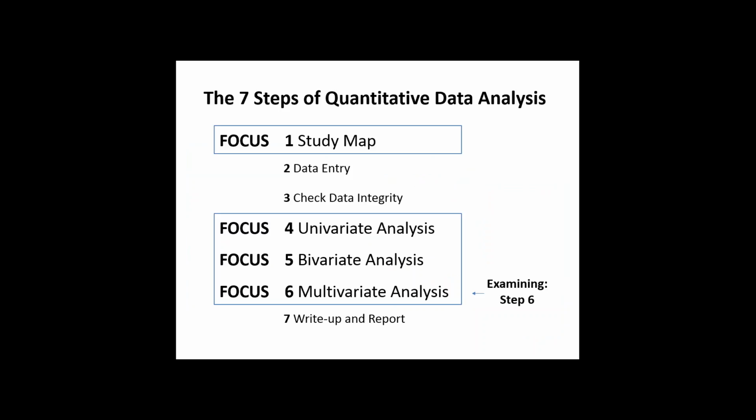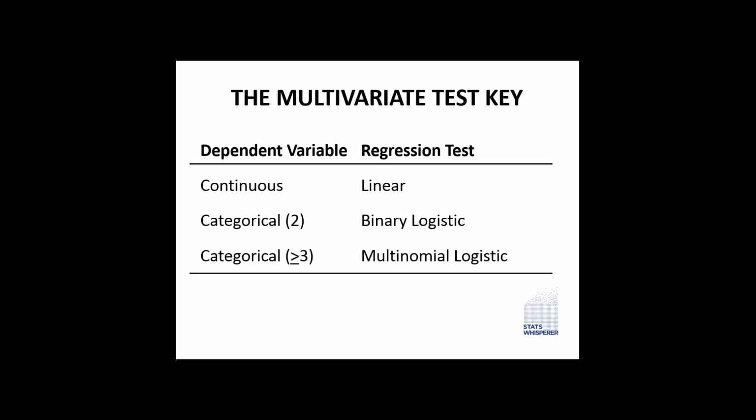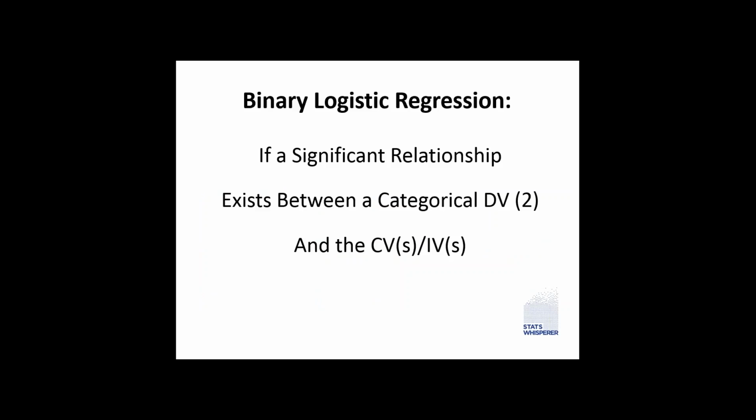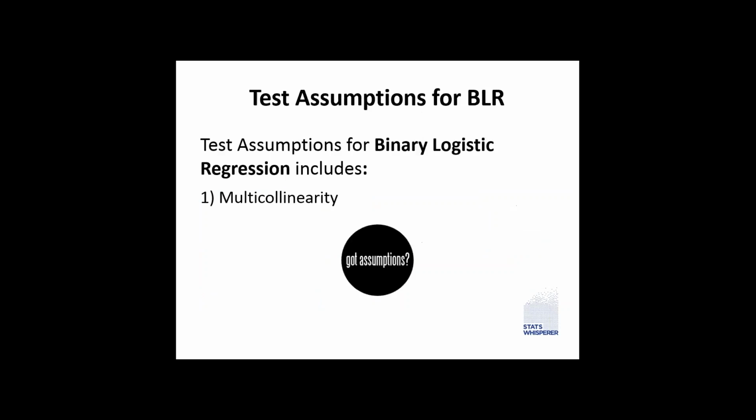So the study map says, step 6, we're examining multivariate analysis. Again, we refer to the multivariate test key, and we see now we're right in the center. We have a categorical dependent variable, 3 days or more, yes, no, so we use binary logistic regression. We're looking for whether there is a significant relationship between the categorical dependent variable, yes, no, 3 days or more, and the covariates, the independent variables.